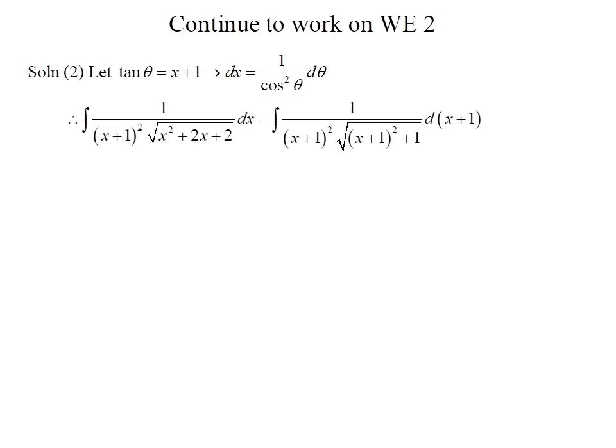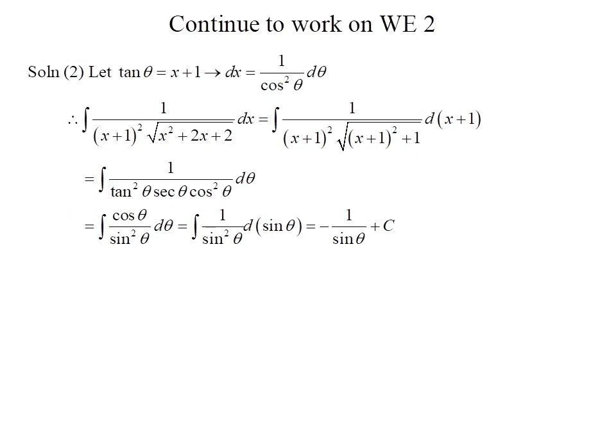Hence, the antiderivative is written as the integral of the reciprocal of the product of (x plus 1) squared and the square root of (x plus 1) squared plus 1, with respect to x plus 1, which can be written as the reciprocal of the product of tan squared of theta, sec theta, cos squared of theta, d theta, which equals the integral of cos theta over sine squared theta d theta, which equals negative 1 over sine theta plus c.